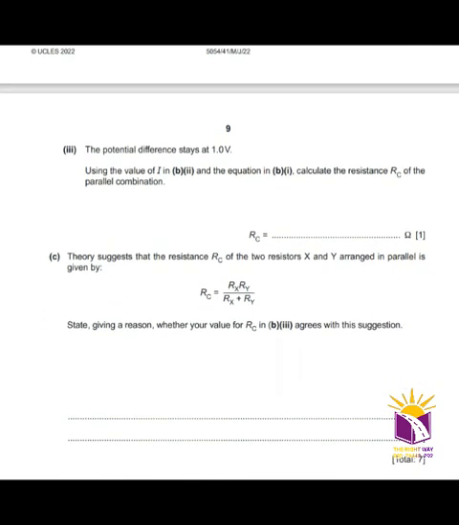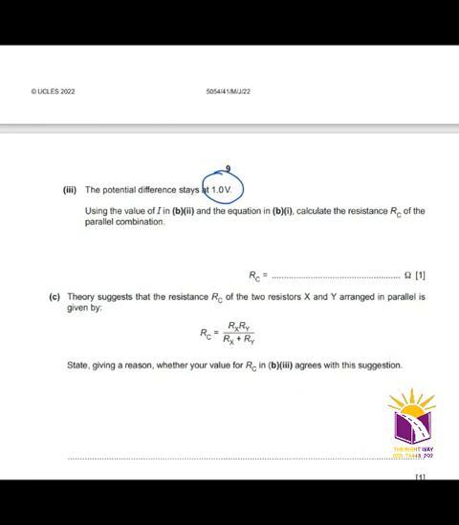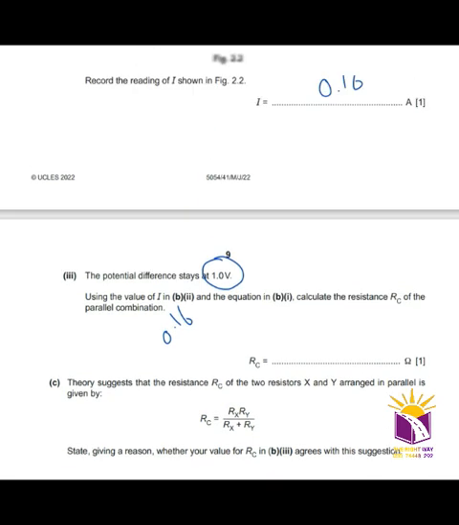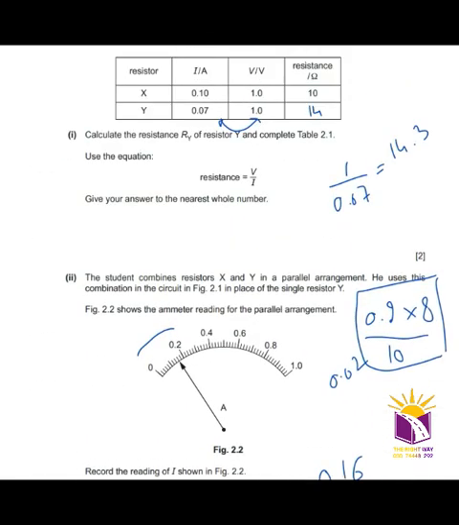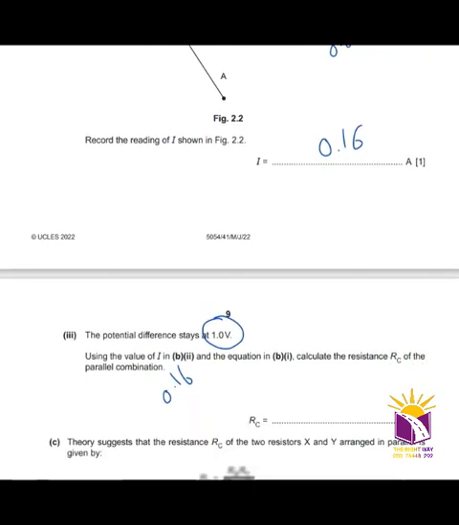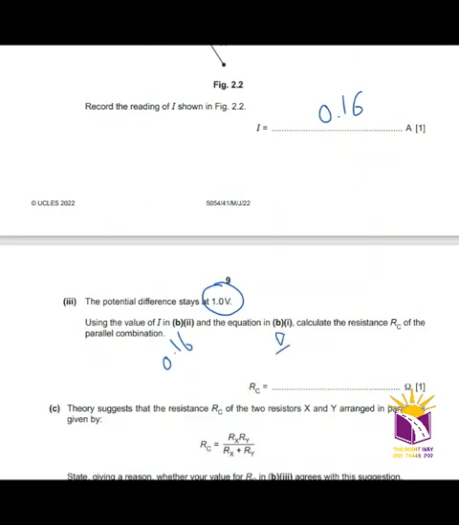The potential difference stays at 1 volt. Using the value of I in B2, which is 0.16, and the equation in B1, R is equal to V over I, V divided by I. Calculate the value of RC.